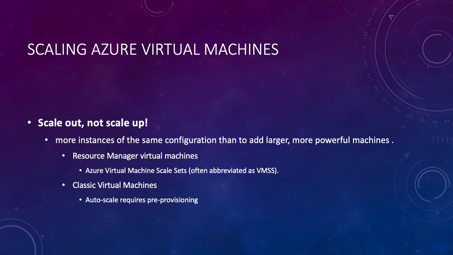When it comes to the resource manager virtual machines model, you don't typically scale out VMs in an automated way, which is what happens when you work with the classic model. Instead, a different Azure resource construct is used for scaling out VMs, which is called Azure Virtual Machine Scale Sets, usually abbreviated to VMSS.